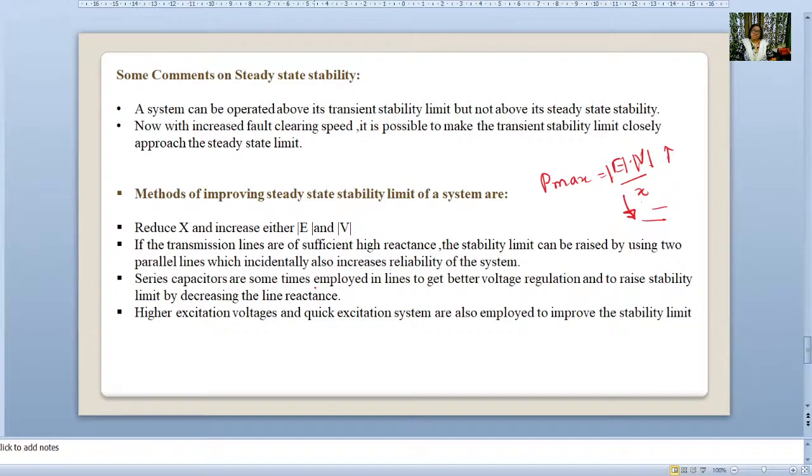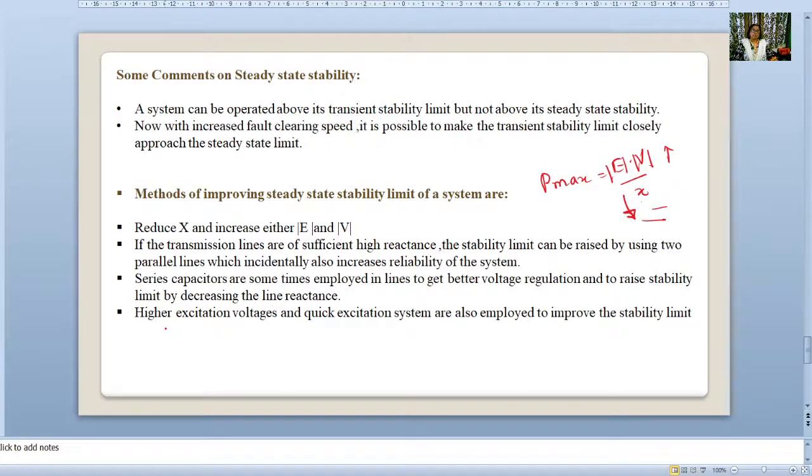Series capacitors are also sometimes employed in the line to get better voltage regulation and to raise the stability limit by decreasing the line reactance. In modern power systems we are using higher excitation voltages, and quick excitation systems are also employed to improve the stability limit; we have seen the effect of SCR in the last lecture.